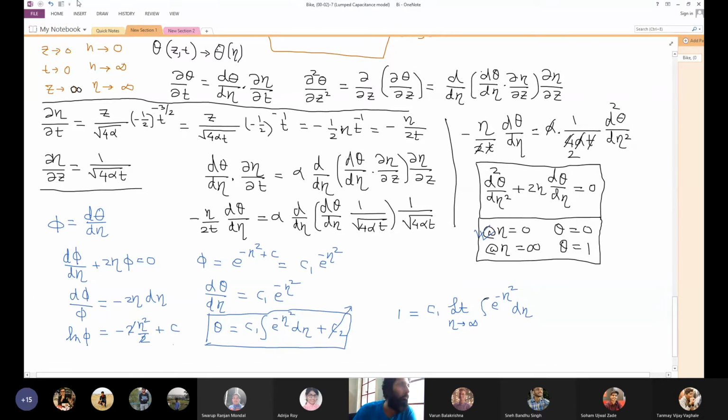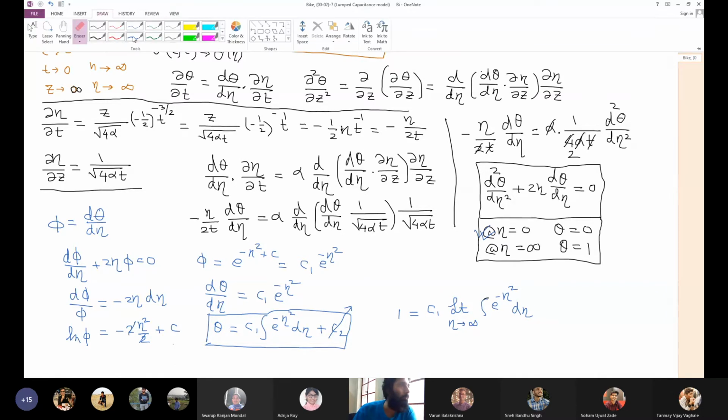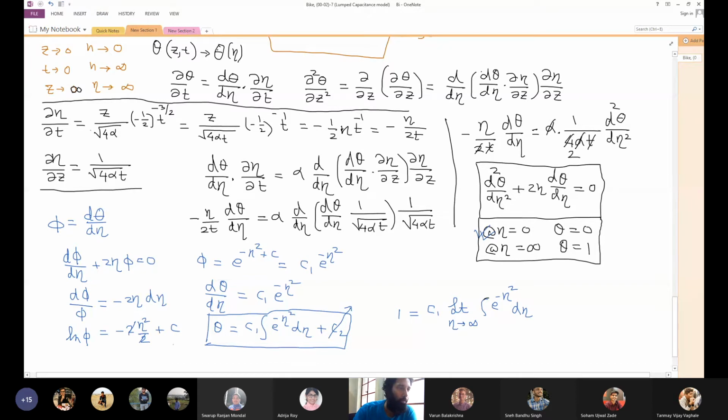So we can write it in this way: 0 equals to c1 limit eta tends to 0 integration e to the power minus eta square d eta plus c2.